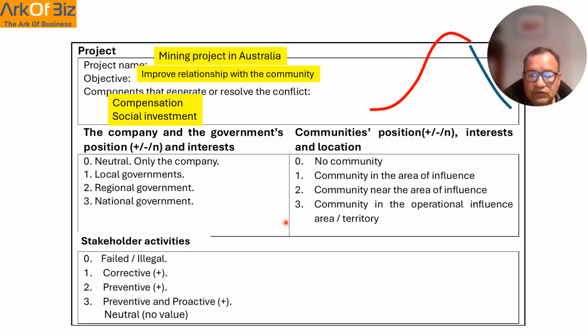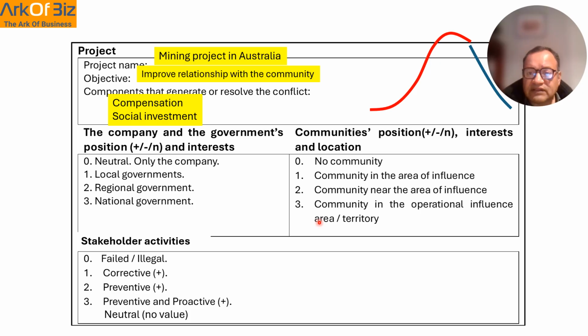Now let's do the stakeholders mapping. Remember, during the conflict resolution stage, the stakeholders mapping may differ from the conflict escalation stage. This means that some stakeholders may remain involved, some may no longer participate, and new stakeholders may emerge here.